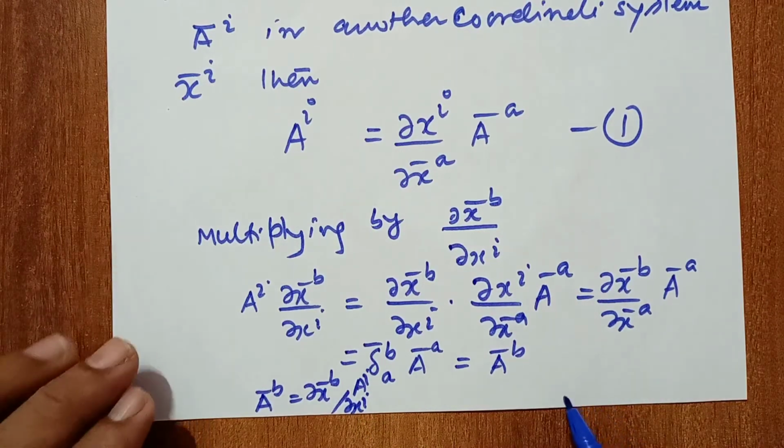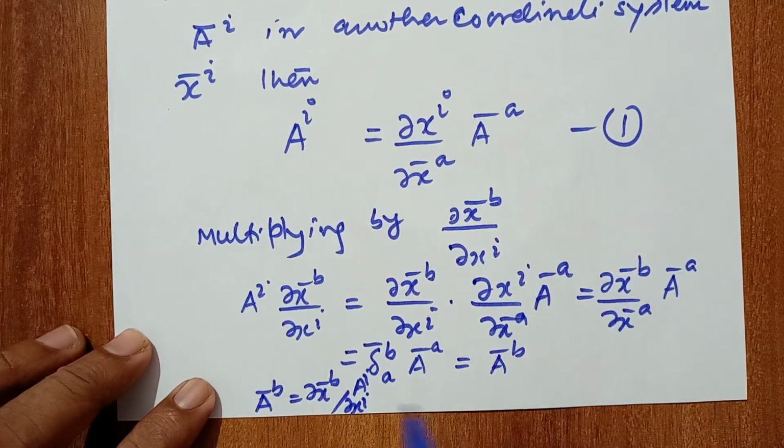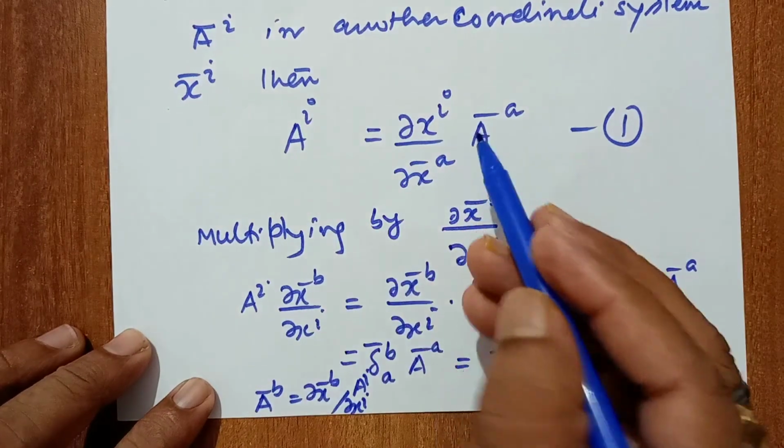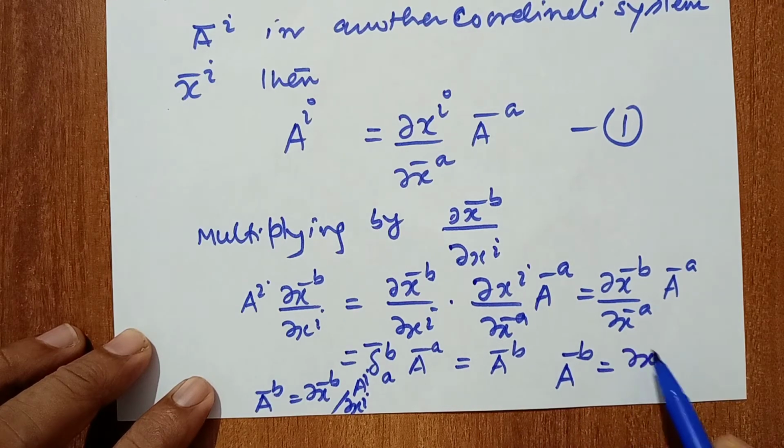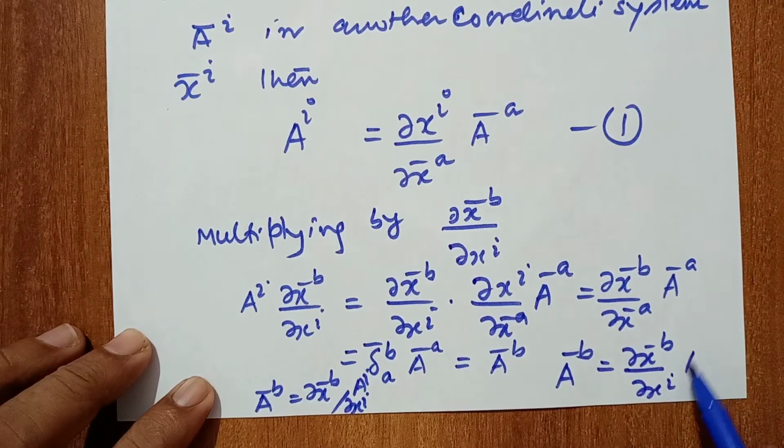So this is the transformation rule, again non-bar to bar and bar to non-bar. Now āᵇ, going from Vn bar to Vn, what is the transformation rule? So āᵛ equals ∂x̄ᵛ upon ∂xⁱ aⁱ.